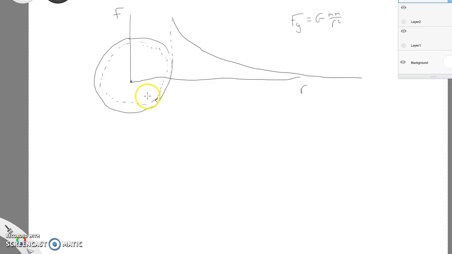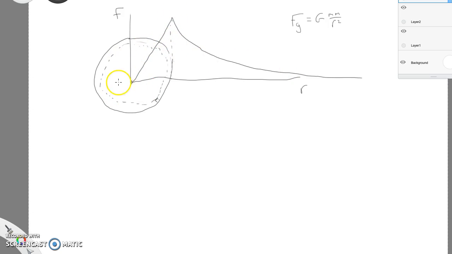And so now we only account for the gravitational pull of the amount of mass that's in here. At the same time, the radius has decreased, so you're dividing by a smaller r squared. The effect is that it decreases in a linear fashion until you get to the center of the Earth, where you would feel 0 gravitational pull from the Earth, because all the pull from all the mass all around you would be canceling out. So if you were to graph the gravitational force of the Earth, outside the Earth it looks like that, inside the Earth it looks like this.